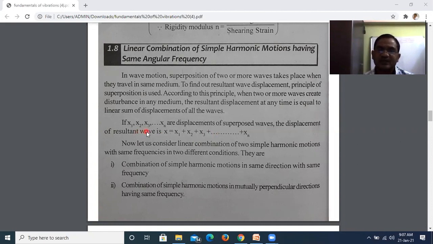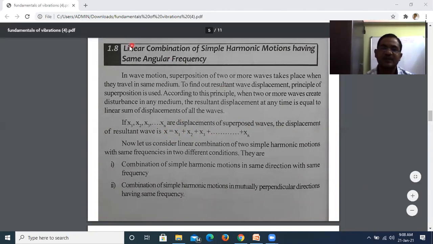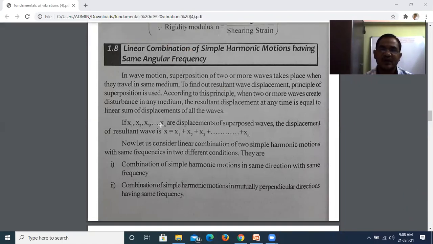If x1, x2, x3, and so on, xn are the displacements of individual superimposed waves, then the displacement of the resultant wave is given by x equal to x1 plus x2 plus x3 and so on, xn. This is called the principle of superposition.